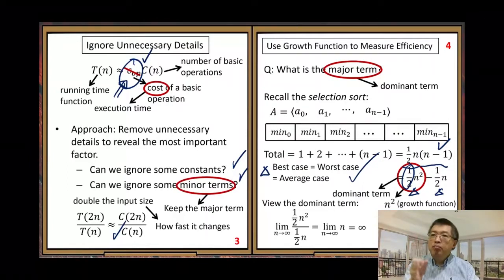The most important part is the n squared. So let us just keep that n squared, the most important part, as the growth function of the efficiency function. So that's the growth function concept. Let me stop here.